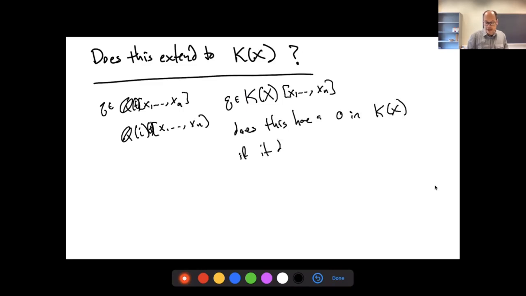If it does, for example, in each K_v(X)? So in other words, you would replace all the Q with Q_p, for example.